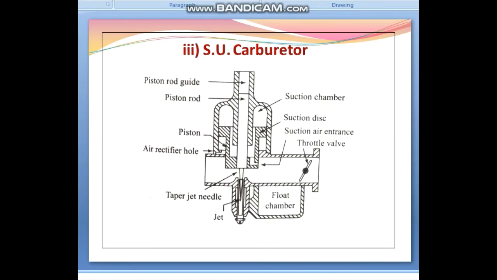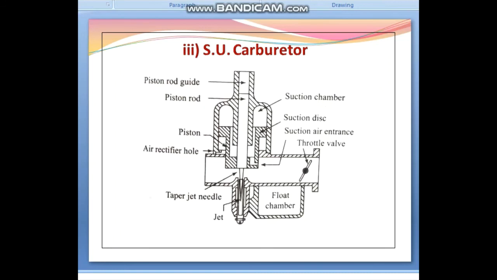The up and down movement of the piston and the suction disc is guided by means of the piston rod and the piston rod guide as shown in this figure. You can see in this figure the piston always remains loaded by a helical spring. The movement of the piston is controlled by the air passage.